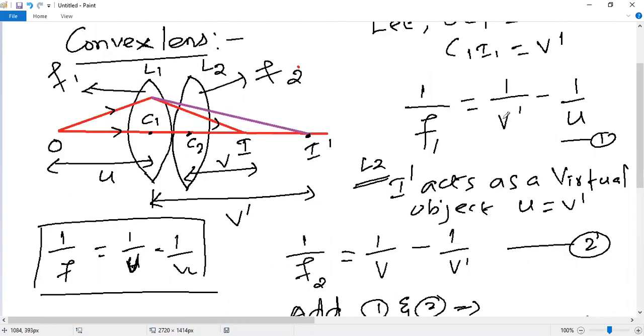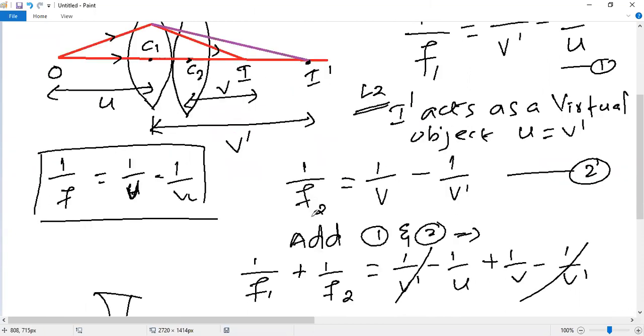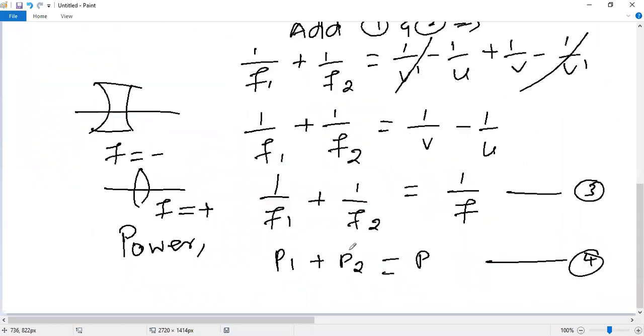After that, write the lens formula: 1 by F1 equal to 1 by V dash minus 1 by U. For the second lens, 1 by F2 equal to 1 by V minus 1 by V dash. Adding the two equations, finally you will get 1 by F1 plus 1 by F2 equal to 1 by F. Power of the lens means power formula P is equal to 1 by F, but F value in meters.